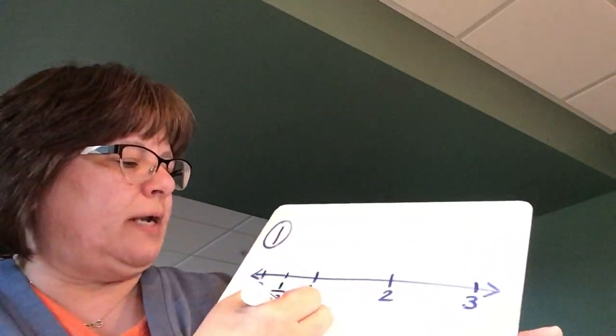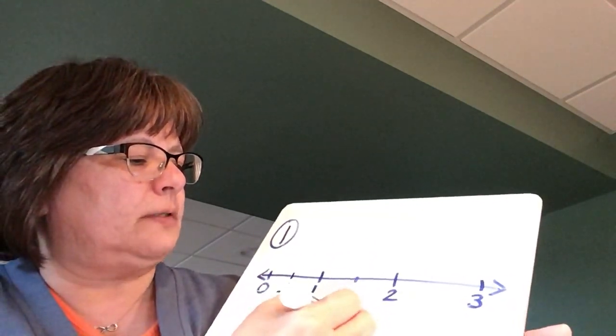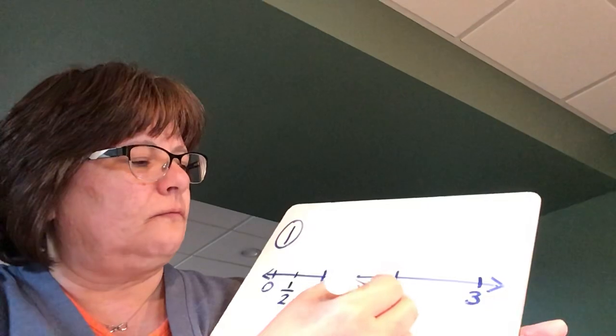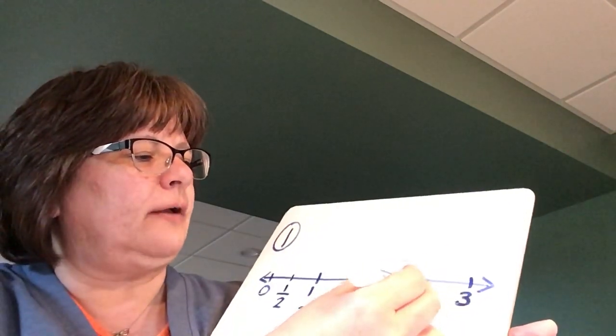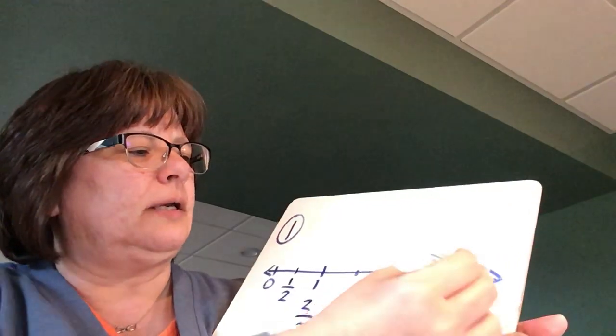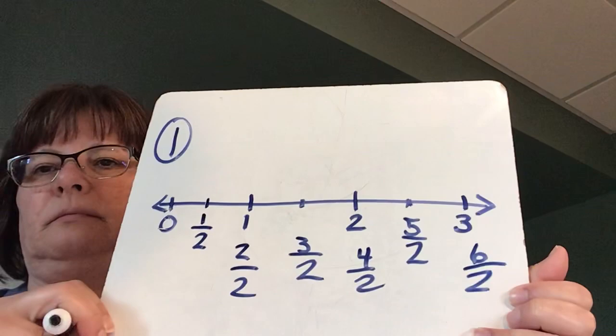And you know how to do that. That would be 1/2. This one would be 2/2. Then halfway between here would be 3/2, 4/2. Halfway between there would be 5/2. And over here would be 6/2. Remember how we did that last week? Okay, don't forget about that. You're going to need that today.